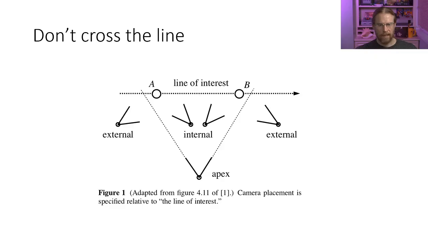And then we've got internal and external views. Internal views can be used for showing single characters, like one of the 2, and external views are where we've got to stay on the correct side of the line, but we can angle so that we can see both A and B or B and A. Then we can switch between the shots, and usually this will be dictated by dialogue between the characters and other interactions.